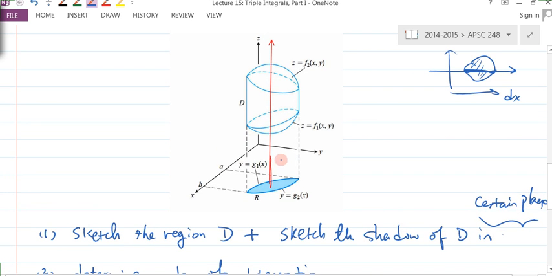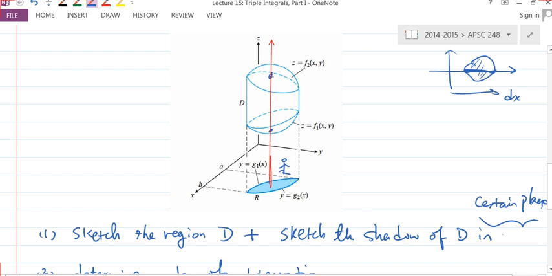Inevitably, as we described before, if you consider a guy walking along a line in the positive direction, you will come into contact with the region D with the first contact, or the entry point, and the second contact, or the exit point. Okay, that makes sense?